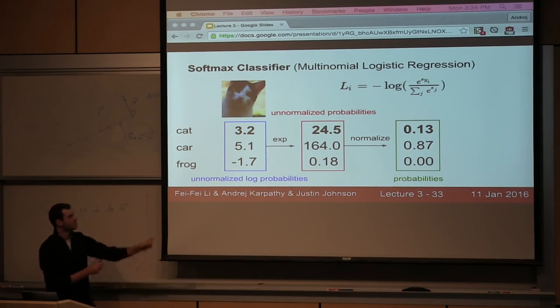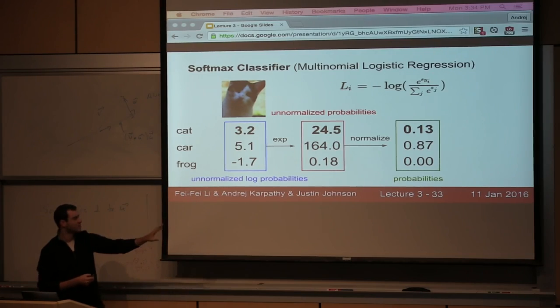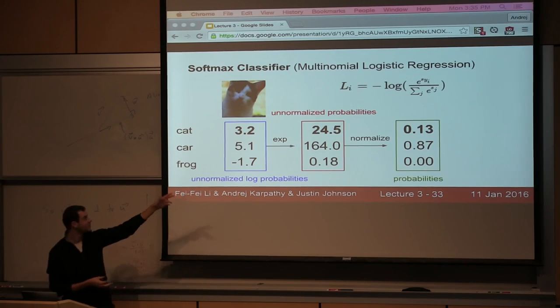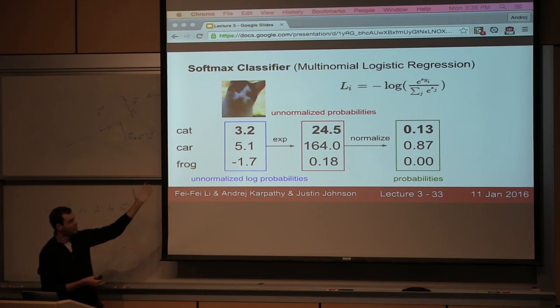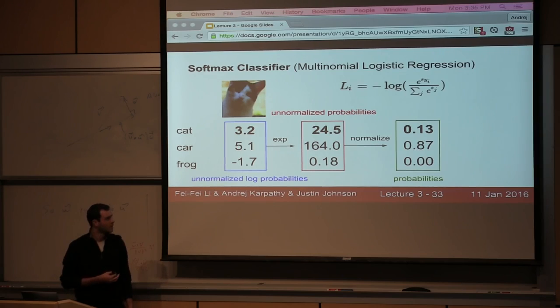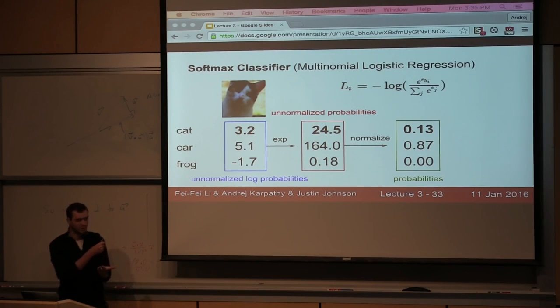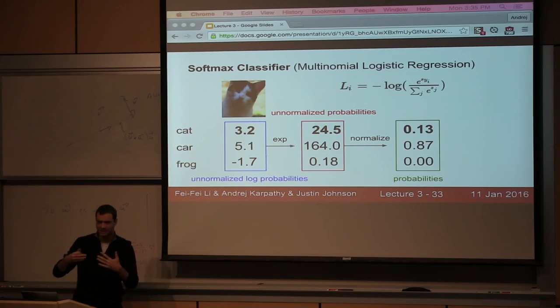So under this interpretation, we've carried out the set of transformations, and what this is saying is that the probability assigned to this image of being a cat is 13%, car is 87%, and frog is very unlikely, 0%. So these are the probabilities. Now normally in this setting, you want to maximize the log probability, because it turns out that maximizing just the raw probability is not as nice mathematically.